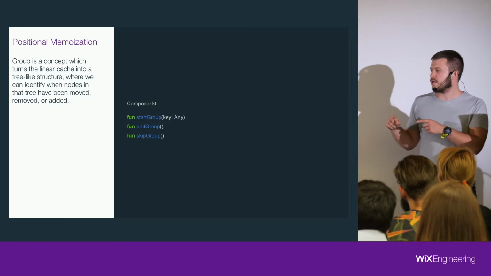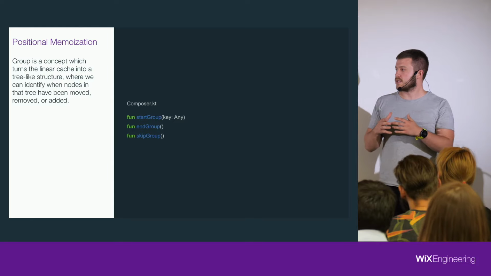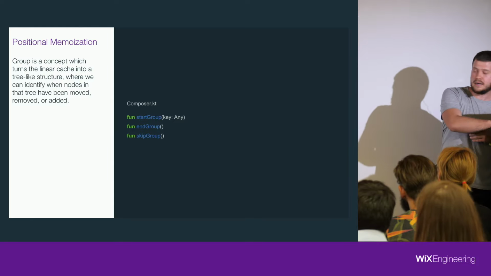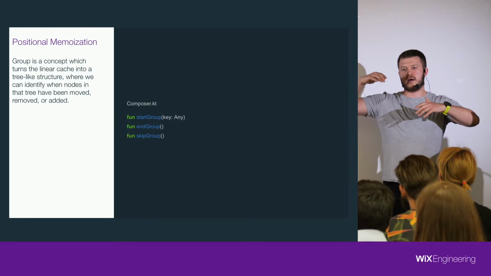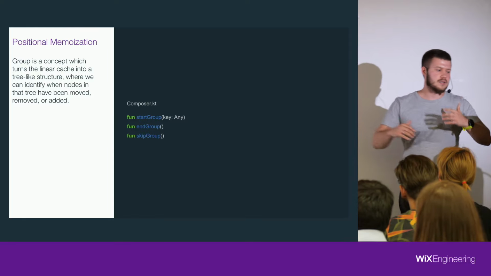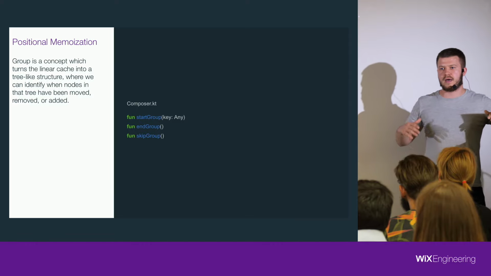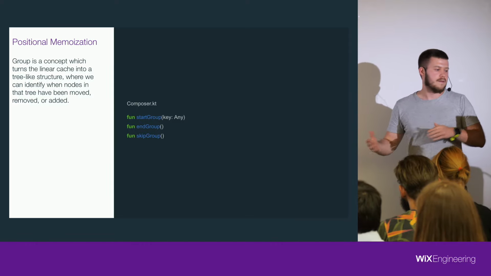If we don't find it, we emit. If we find it, we reuse it. So every node has a key, and group helps to create a kind of tree cache. You have a tree of keys.